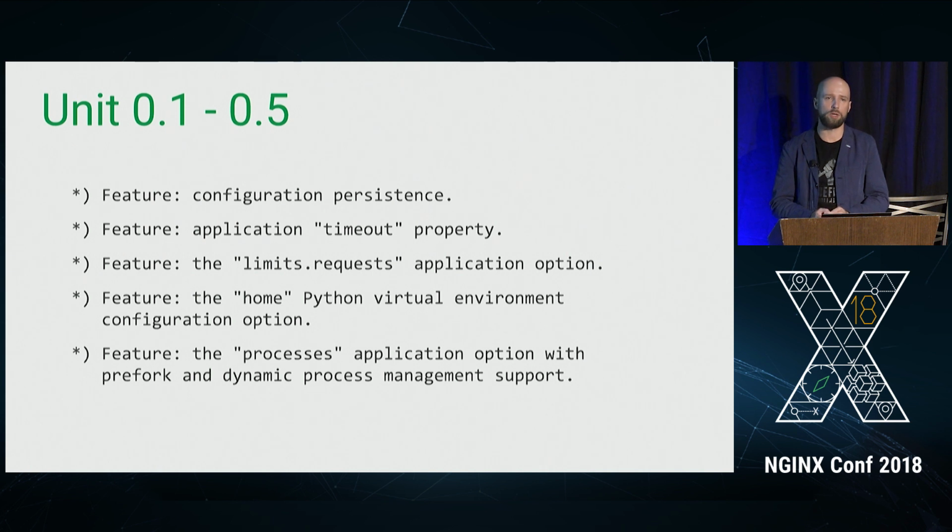Those are just the excerpts from the changelog here. One of the first things that we released in the very early life of Unit was the configuration persistence. When Unit starts, it takes its configuration state from the directory, from files, and then when configuration is changing through the API, Unit puts that information to those state files. We do not recommend changing the state files by hand and restarting Unit, because the configuration there might not exactly be supposed to be human editable.